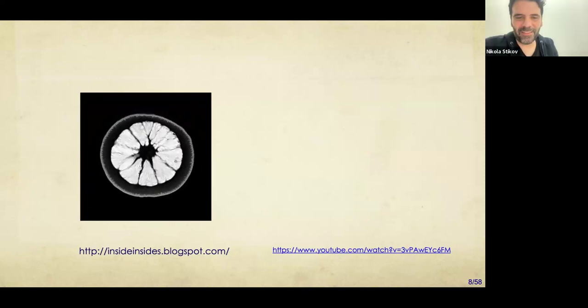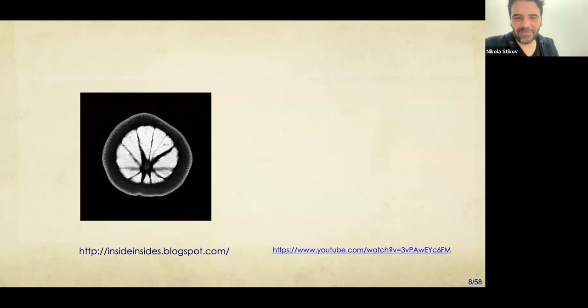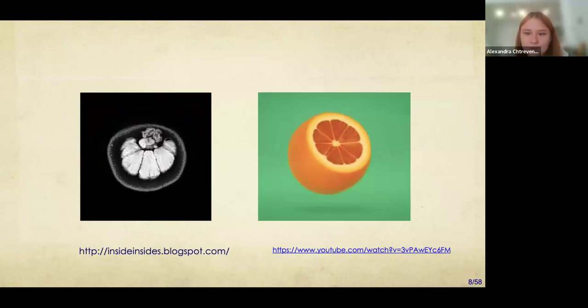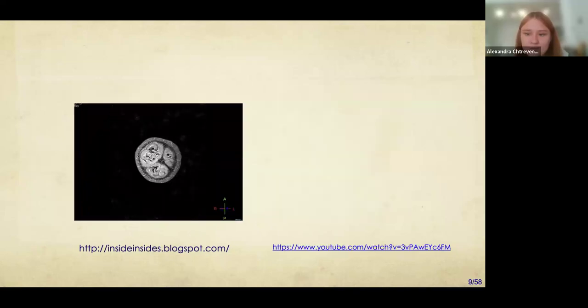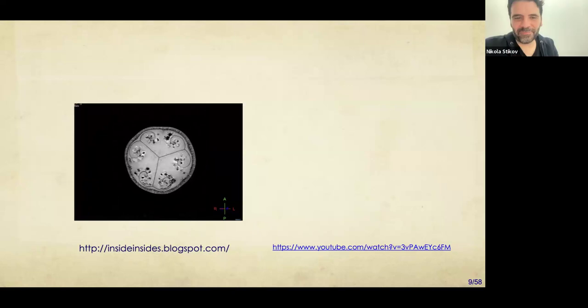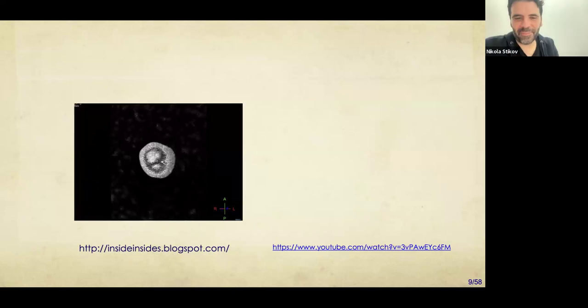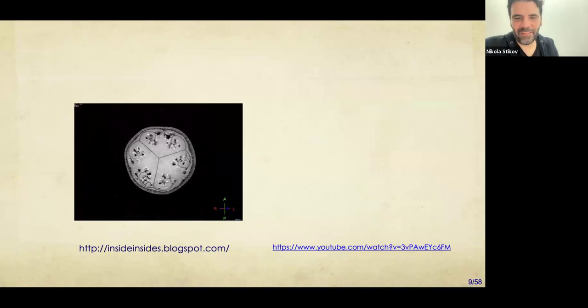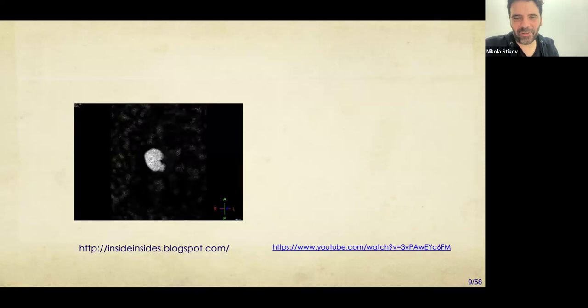This one should be easy. Orange. Yeah, it's an orange. What about this one? It's large and round.